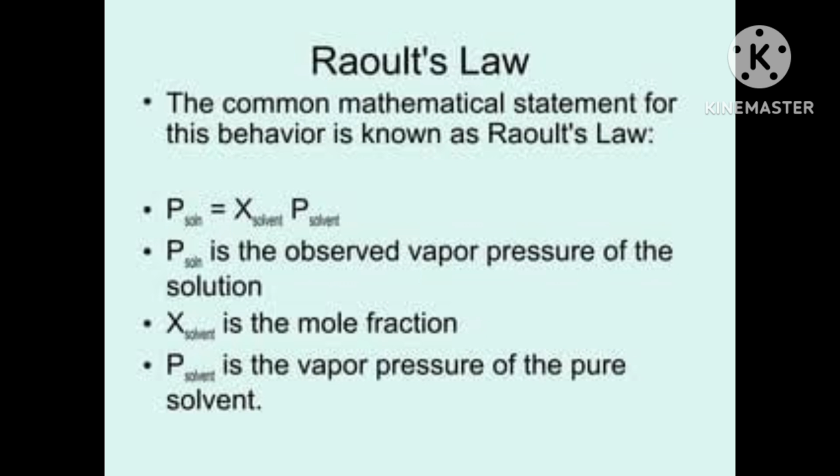P1 and P2 are the partial pressures. One means one component, two means the other component. P1 and P2 are the partial vapor pressures of the two components, and p total is the total vapor pressure after adding P1 plus P2.